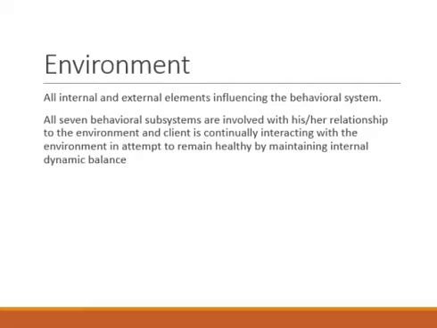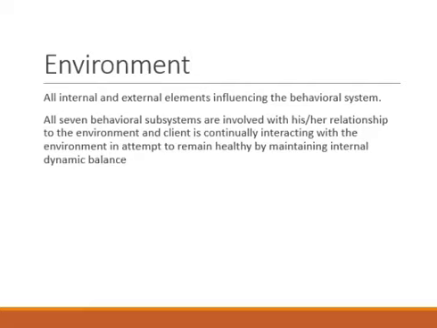Environment in the Johnson model is defined as all of those internal and external elements that have an effect on the behavioral system. So these environmental elements include obvious external factors such as air temperature and relative humidity, sociological factors like family, neighborhood, and society in general. And then the internal environment, such as bodily processes, psychological states, religious beliefs, and political orientation.